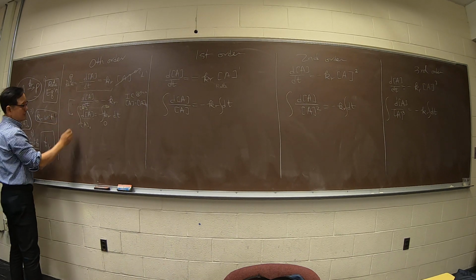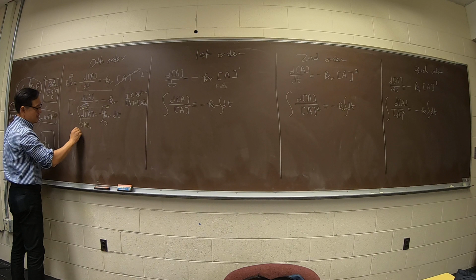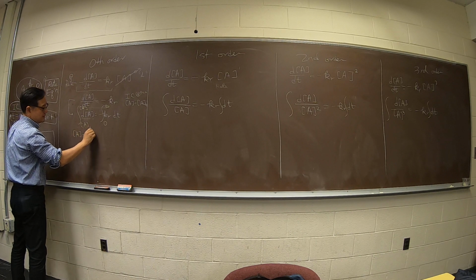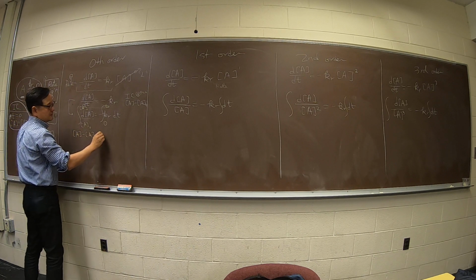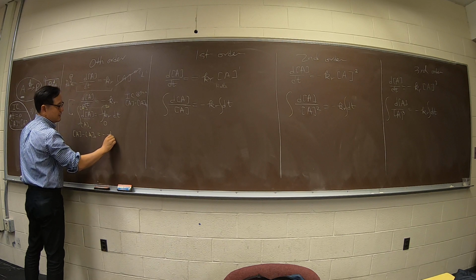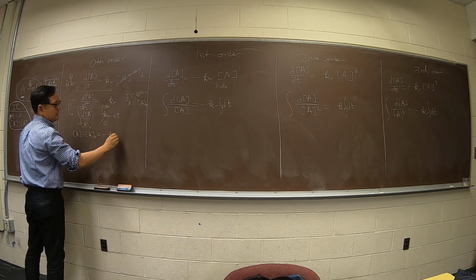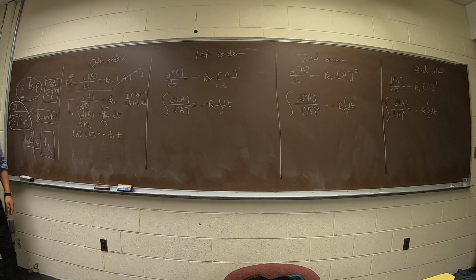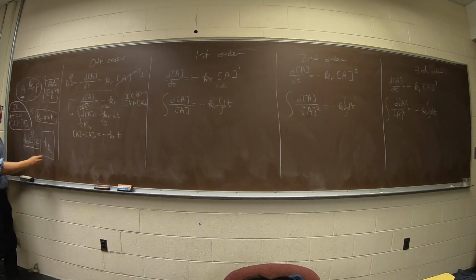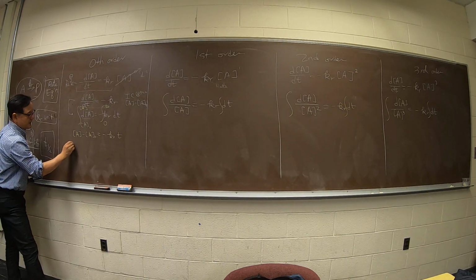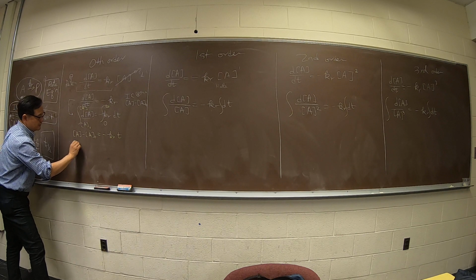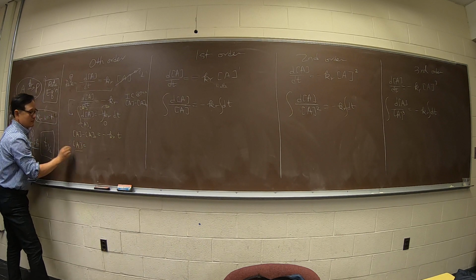So this equation is A minus A naught is minus KR times t. Okay. So that's an equation that you got.